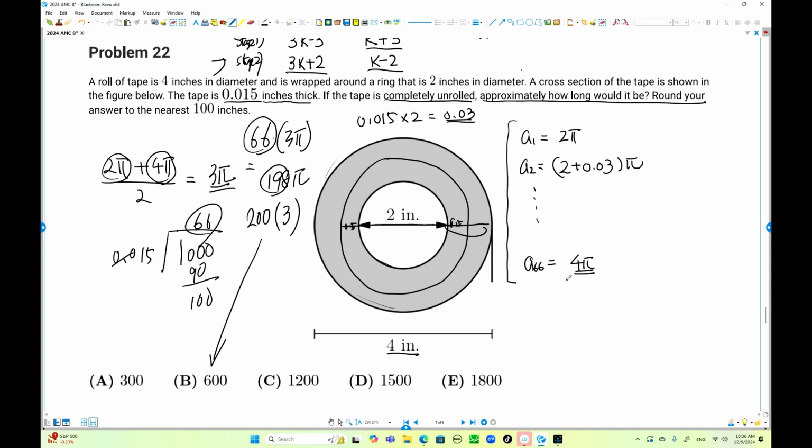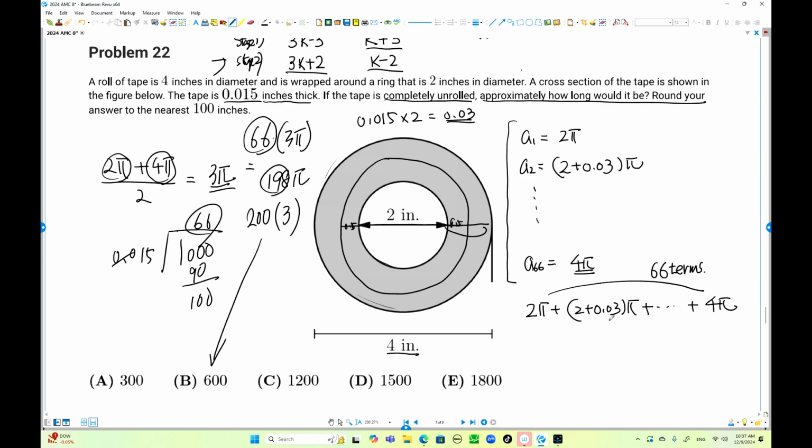You know that is an arithmetic sequence, right? They increase by 0.03 every time. So 2 pi, then 2 plus 0.03 pi, and keep going. The last number is 4 pi, and the number of terms is 66.